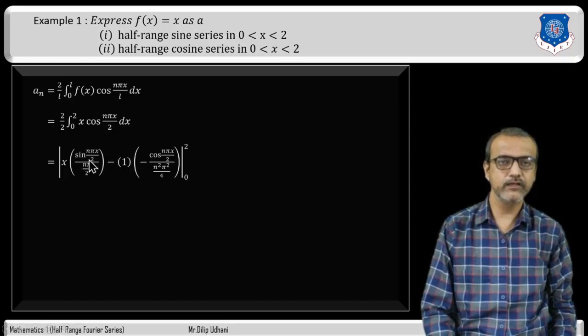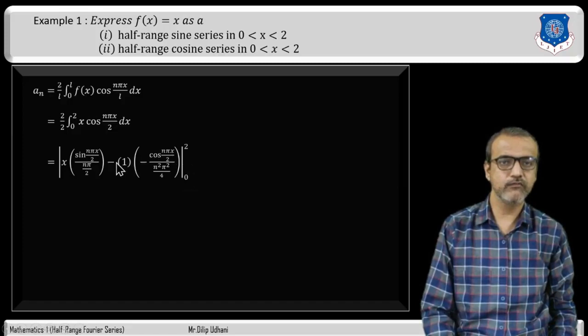Now we will integrate sin n pi x by 2, which is minus cos n pi x by 2 divided by n pi by 2, and already we have n pi by 2, so it will become n square pi square by 4. Then you have to give alternate signs, plus and then minus, and the limit is from 0 to 2.